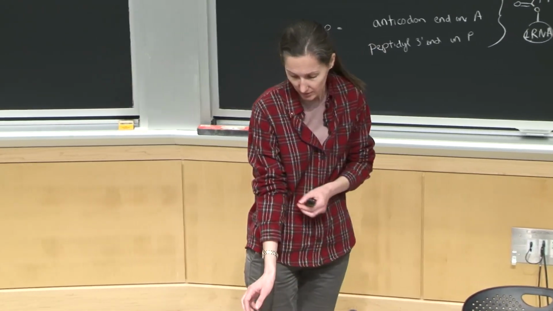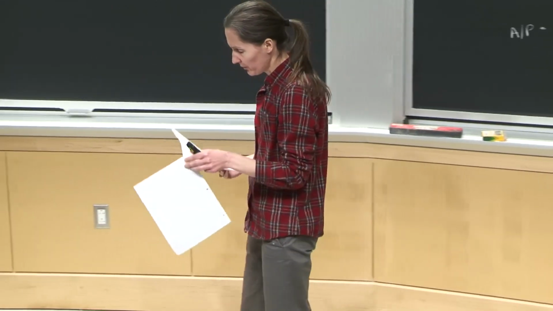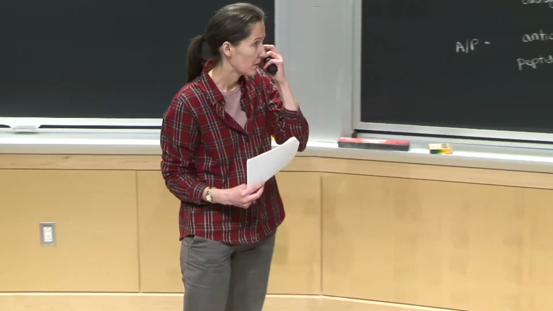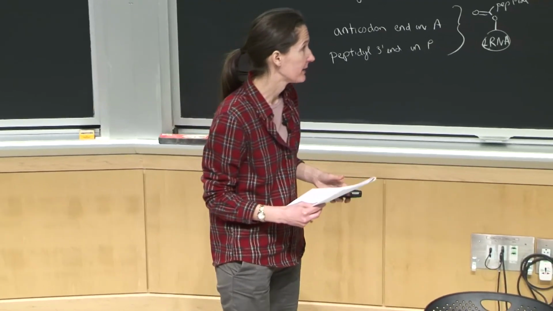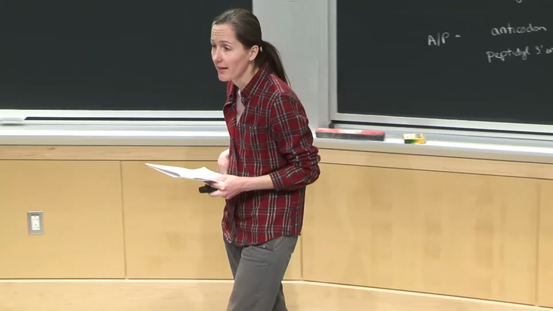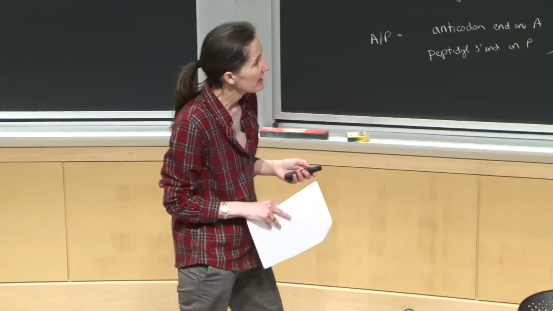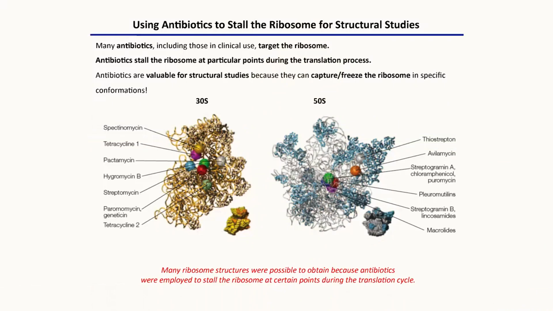So where do antibiotics bind to the ribosome, and how many of them are out there that can bind the ribosome? Here, there's many options. So many antibiotics target the ribosome.